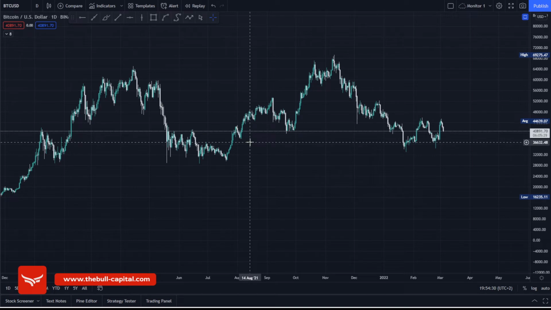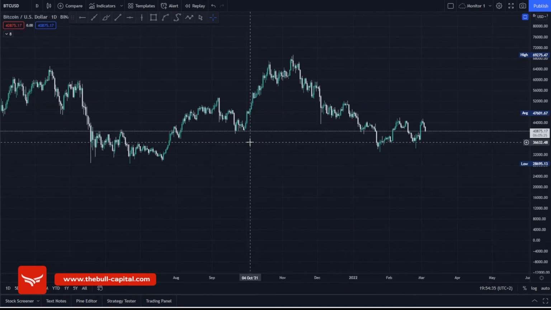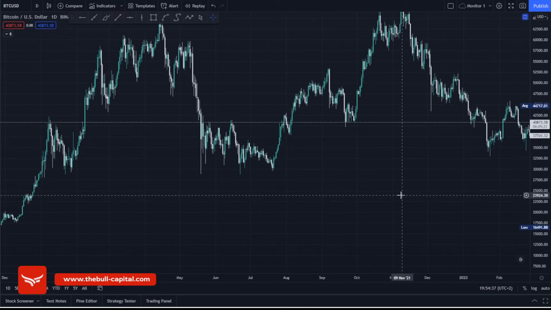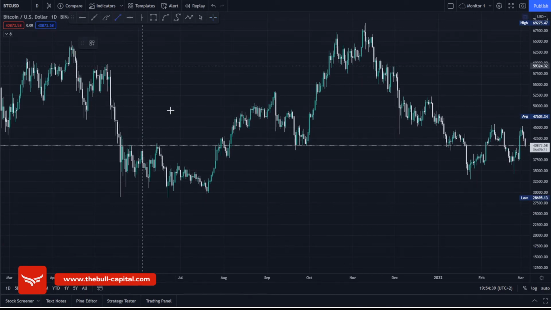Now the swings are smaller and take less time than weekly, because here you have multiple swings.